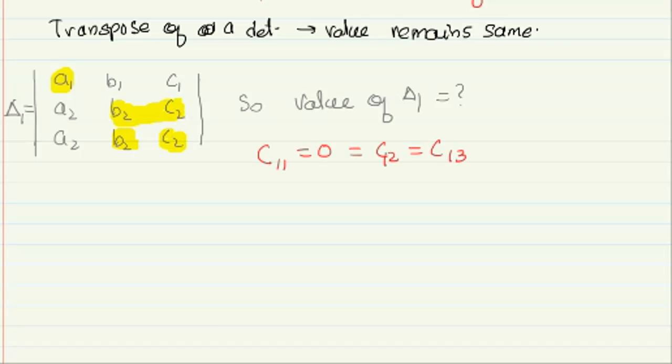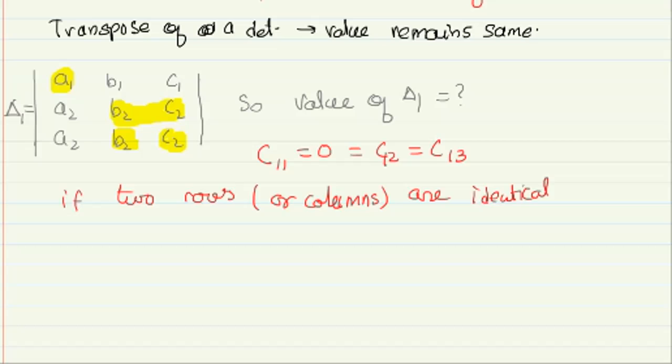Okay, cofactors, you understand? So like that you can say that if any two rows or columns are identical, that implies the value of the determinant is 0.